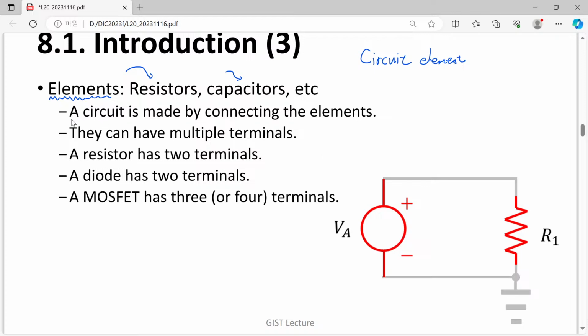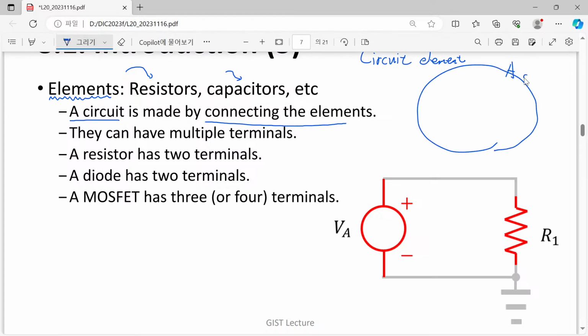So simply speaking, a circuit is made by connecting the elements. So for the word circuit, there are some components called elements, and their connectivity really determines the system.